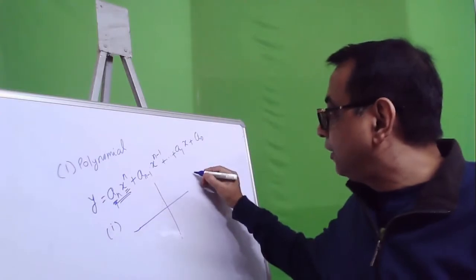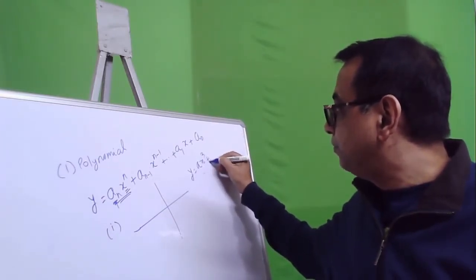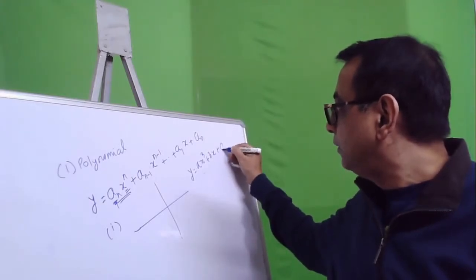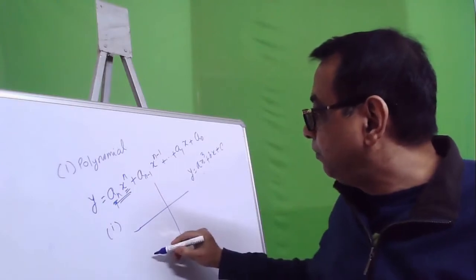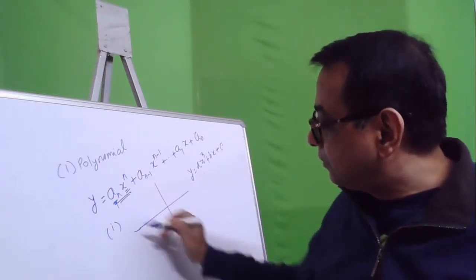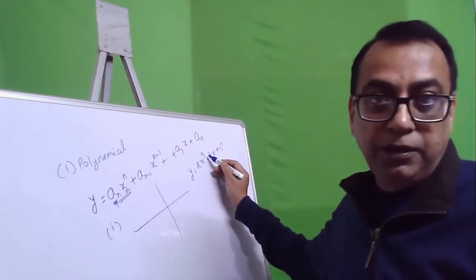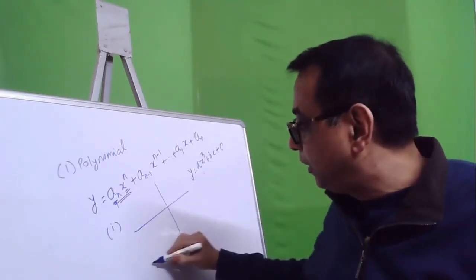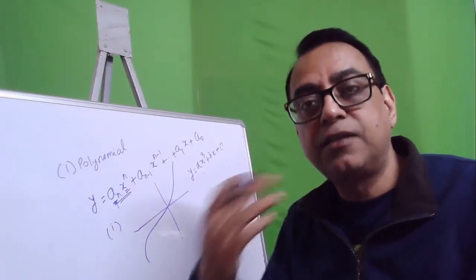So a function like y is equal to a x cube plus b x plus c, where a, b, c are positive: when x is negative, it will go towards minus, and when x is positive, ultimately it goes towards the positive direction. So it will cross the x axis at some point.